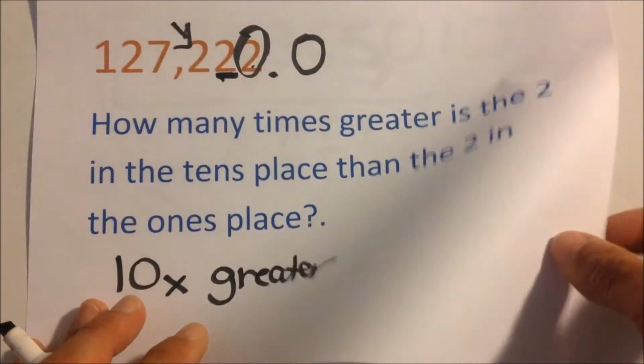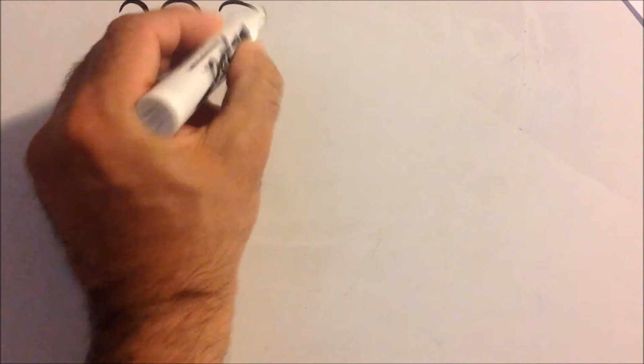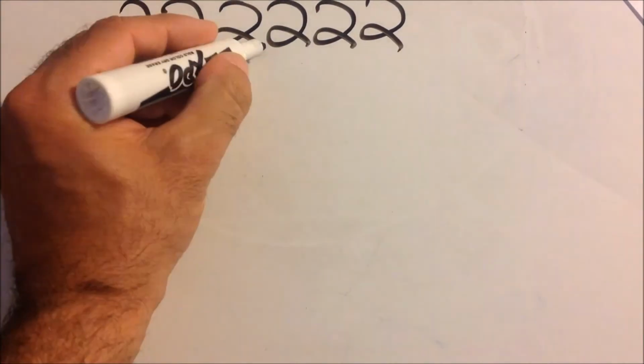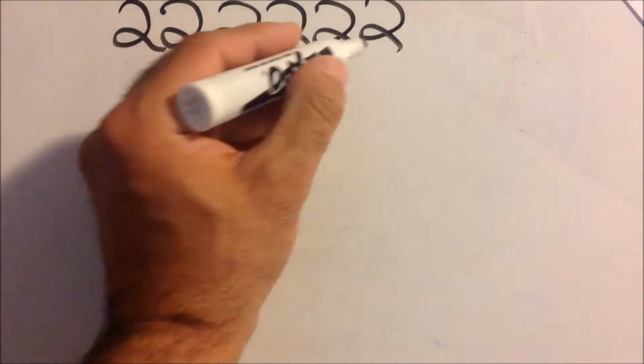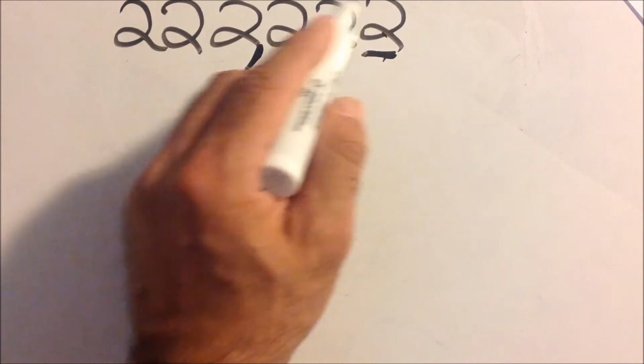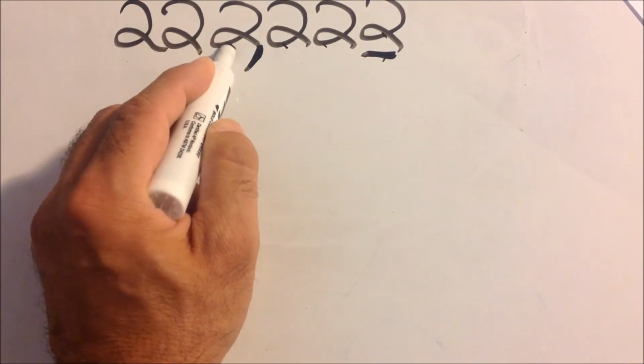Okay, so let's say if I wrote all 2's. Could be any number, but we'll just use all 2's. So let's say I had 2, 2, 2, 2, 2, 2. Remember, every 3 numbers is a period. So if we're looking at just the ones place, this number is 10 times greater than this. This number is 100 times greater. This number will be 1,000 times greater.